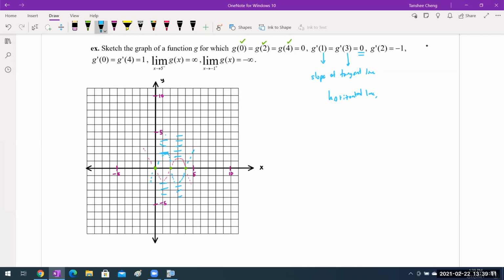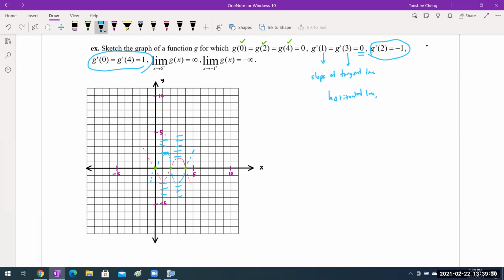The next one, let's skip these portions for now and look at the easier one, which is the limit as x approaches 5 from the left-hand side of the function, it is infinity.